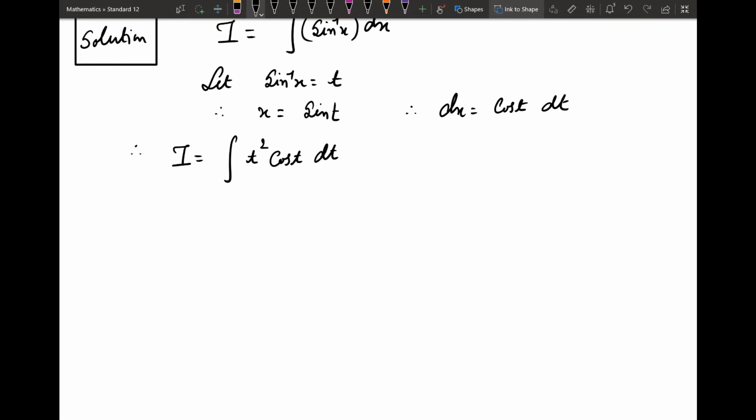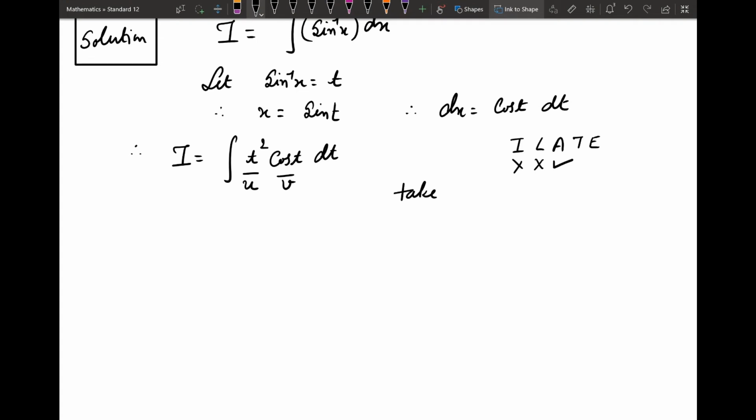So t square is algebraic, like x square. So in this order I, L, A, T, E, inverse is not there, logarithmic is not there, t square is algebraic. So consider this one as u, this one as v.